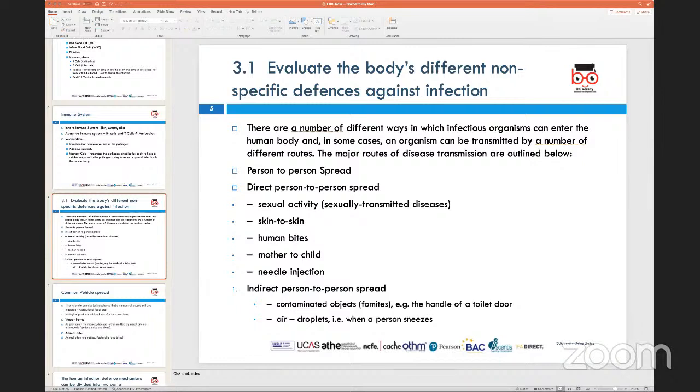You can get a disease when you come in direct contact with a person, by touching, by kissing, or by using the same clothes or utensils or any commonly used things which could carry germs or remnants of infection. It can also be through skin to skin contact and sexual activity.